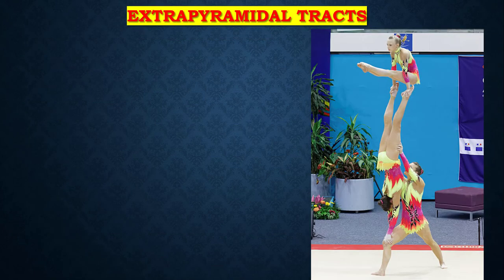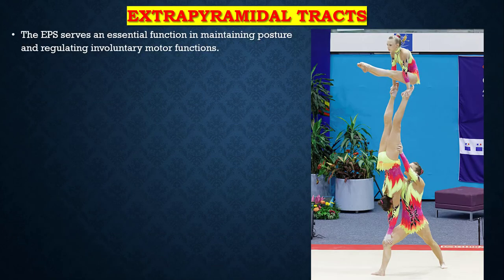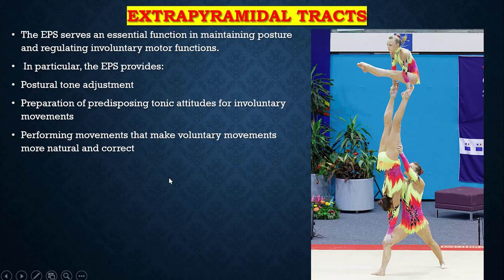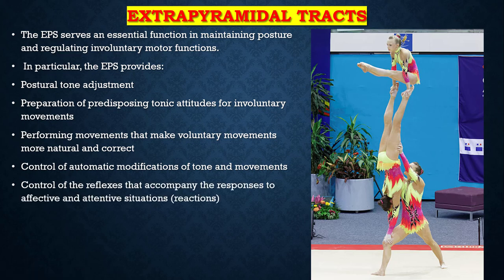Extrapyramidal tract functions. The extrapyramidal tracts serve an essential function in maintaining posture and regulating involuntary motor function. In particular, the extrapyramidal tracts provide postural tone adjustment, preparation of predisposing tonic attitude for voluntary movement, performing movements that make voluntary movement more natural and correct, control of automatic modification of tone and movement, and control of the reflexes that accompany the response to affect and emotional situations or reactions.